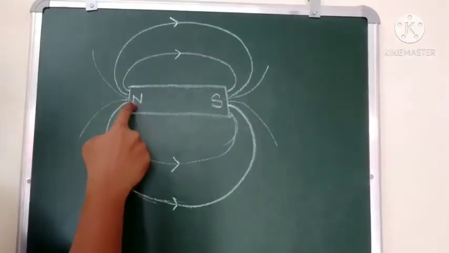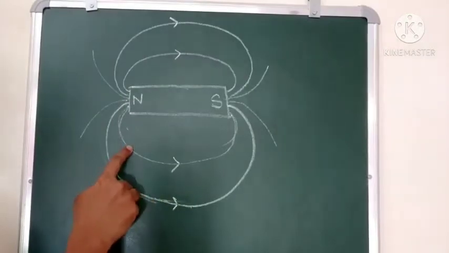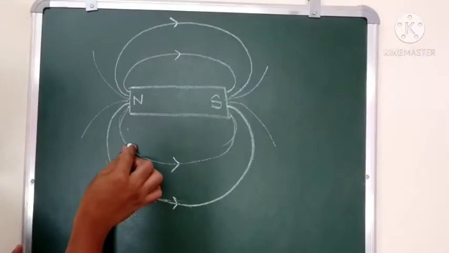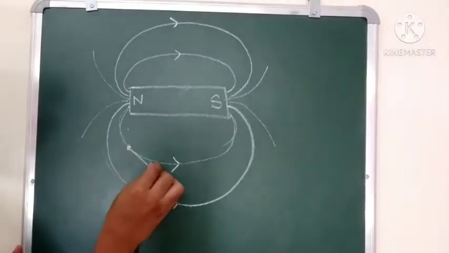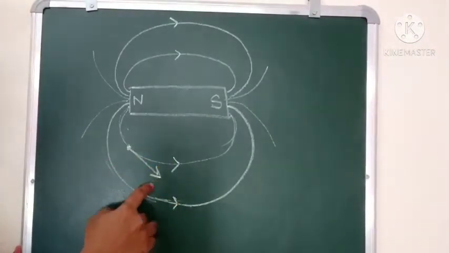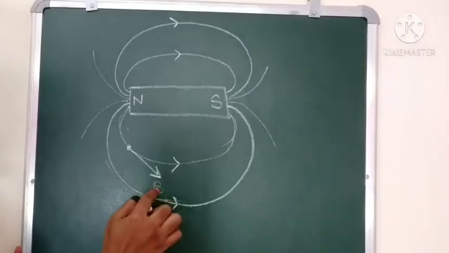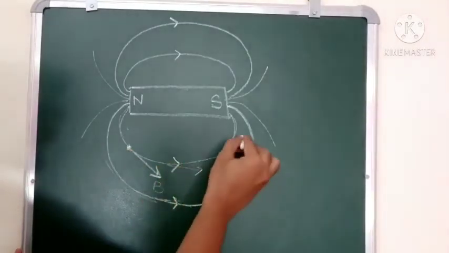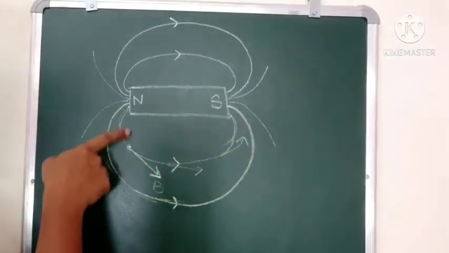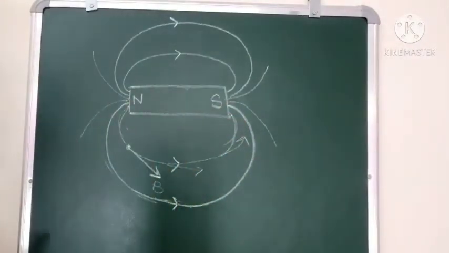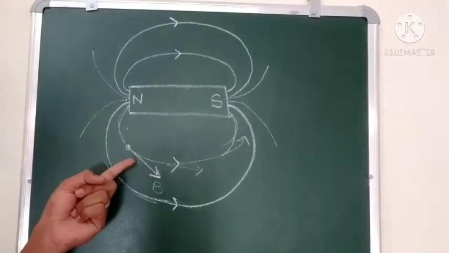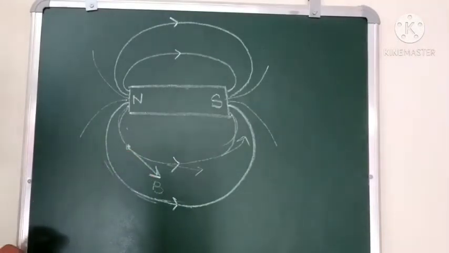Next, for these field lines, the direction of the magnetic field is given by a tangent. At this point, if I draw a tangent like this, the tangent gives the direction of the magnetic field at this point. You can see that the tangents keep changing, so the direction of the magnetic field is also changing. So the next property is that the tangent to the field line gives the direction of the magnetic field.